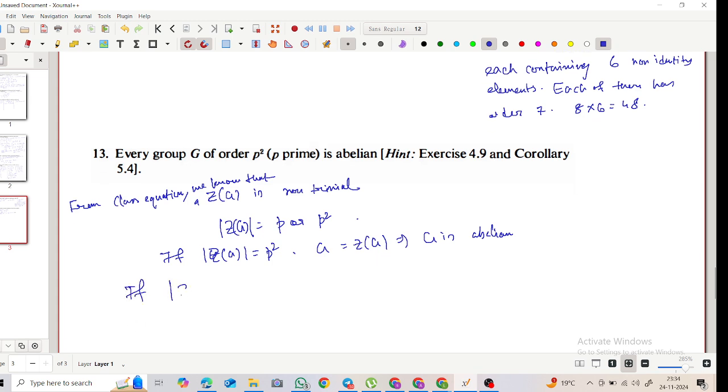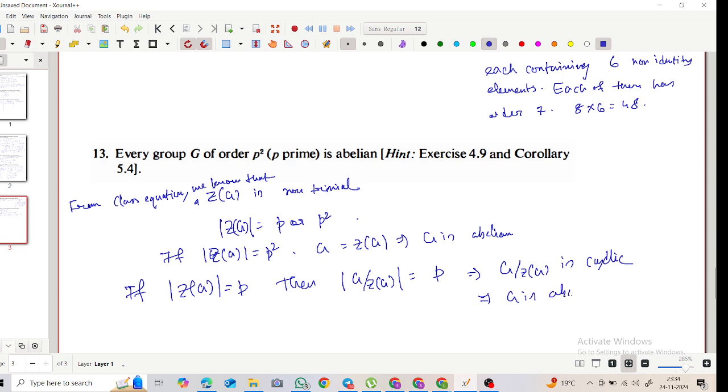If G mod Z(G) is p, then G mod Z(G) is cyclic, which again implies G is abelian. This was also done in the first exercise, right? Hence it is done.